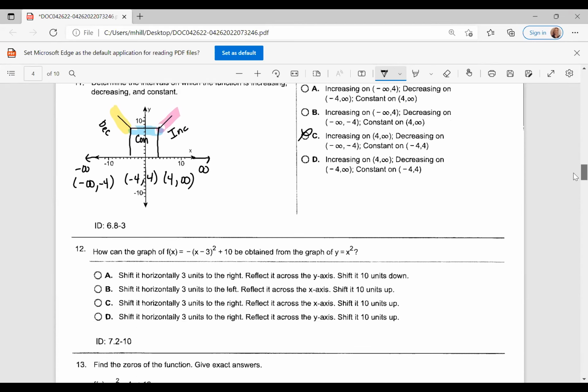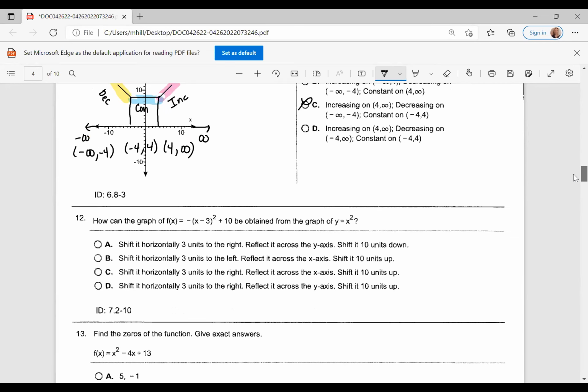So on number 12, it says, how can the graph of f of x equals negative parentheses x minus 3, close the parentheses squared, plus 10 be obtained from the graph of y equals x squared? This negative in front is going to be a reflection across the x-axis.